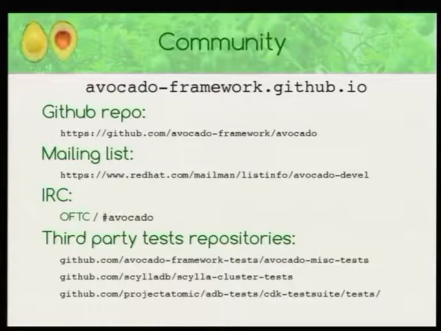Suppose you're a Python project yourself, and you're writing tests using the Avocado API, and you're saying your source code should be tested on another machine. You can just put a description in your Python requirements saying Avocado should be installed for you.